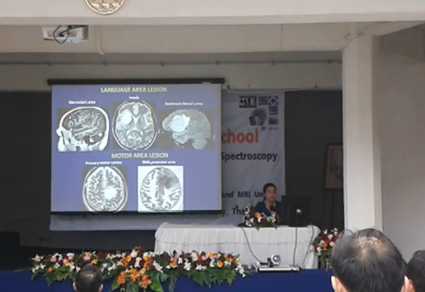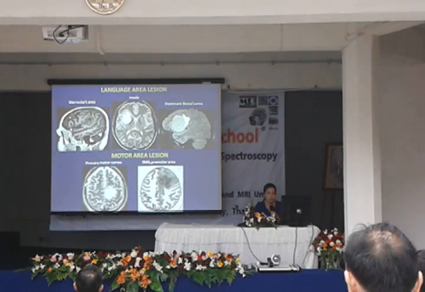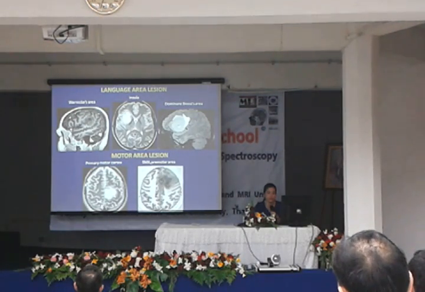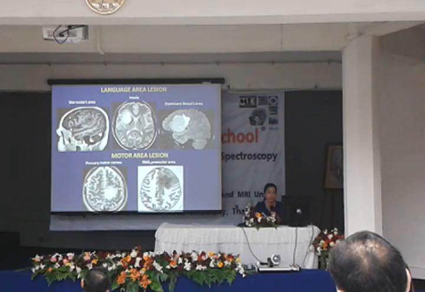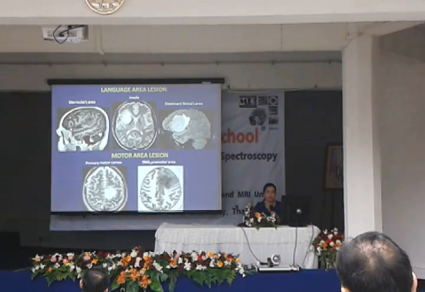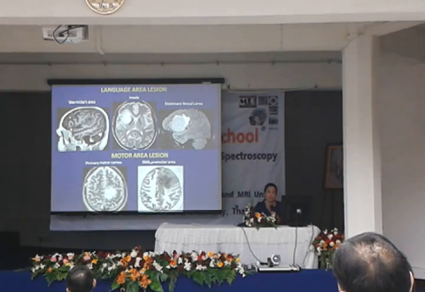For example, this image shows a lesion or mass that correlates with the motor cortex. This one is very close to the postcentral gyrus, the primary motor cortex. Or this one is anterior to the area that controls our language, the vocal area. Then the doctor has to know about the areas of brain function.